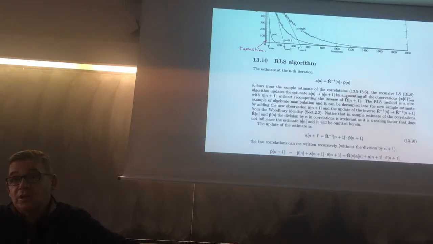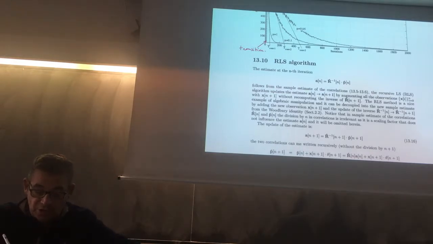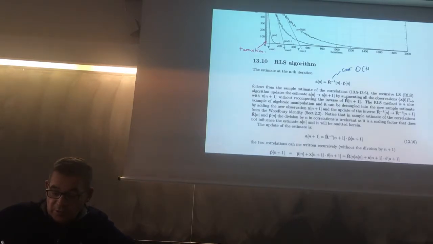So n cubed is the cost for inverting R to the minus 1. So that one is expensive. The cost is in the order of n cubed. That one is too expensive.